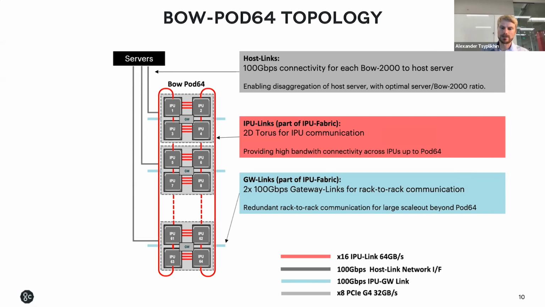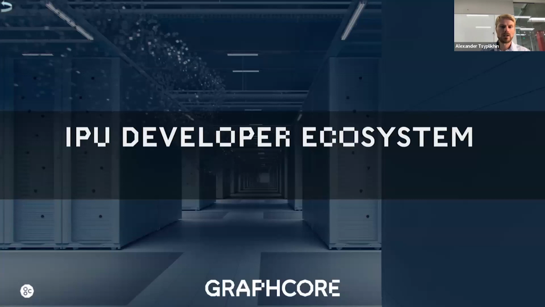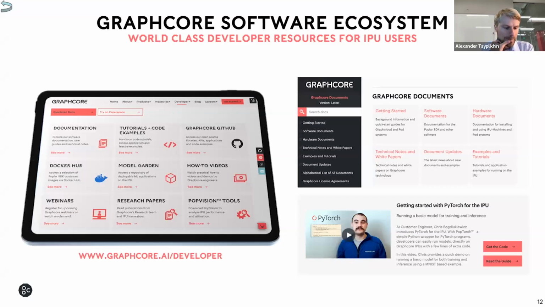And thanks for that. In terms of developer ecosystem, we have a policy toward the idea of being very, very open in what we do. And this includes the developer page on our website, which does not require any logins or accounts.